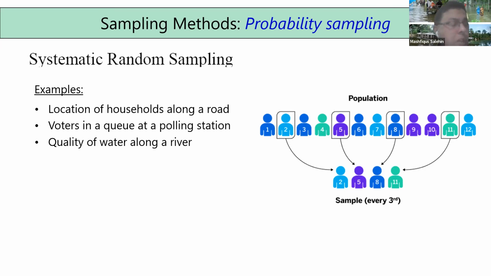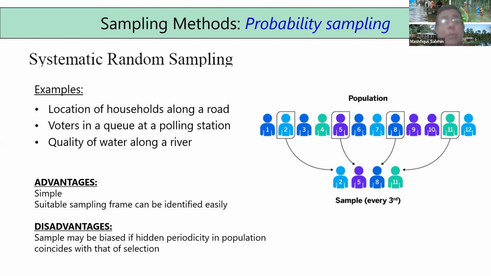You can decide, okay, I will interview every fourth person that comes into my movie theater, and ask him or her about their satisfaction with the new renovations. So there could be different types of examples where you can use the systematic random sampling method.